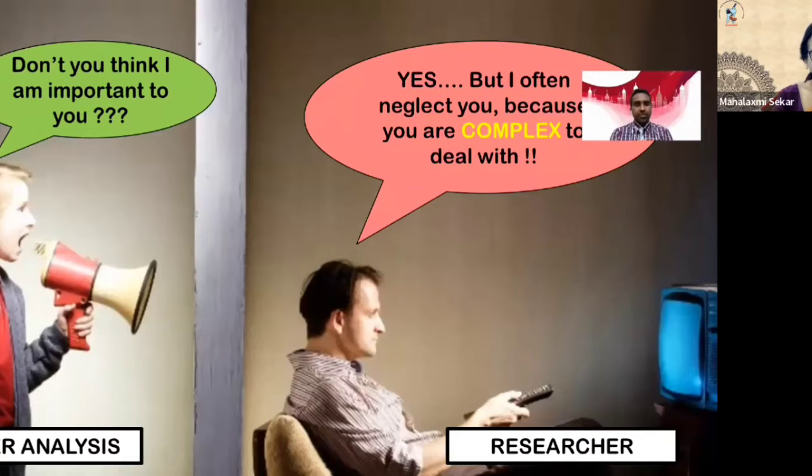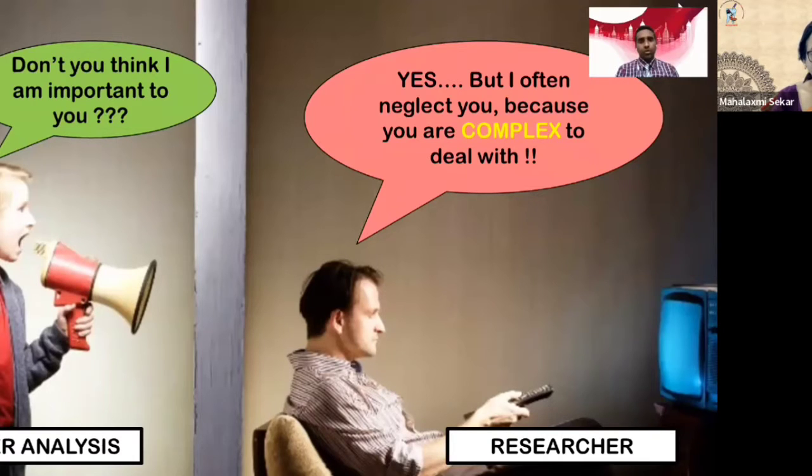Power analysis or sample size calculation. Everyone knows that it is a very important part of research, the most critical part of a research. But the problem is it is often neglected. The reason is the complexity involved in its estimation.